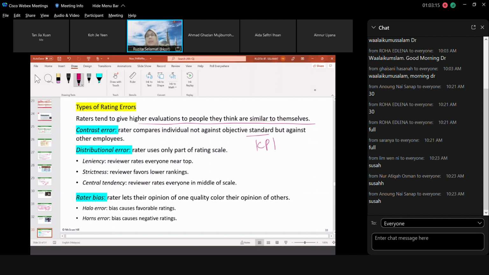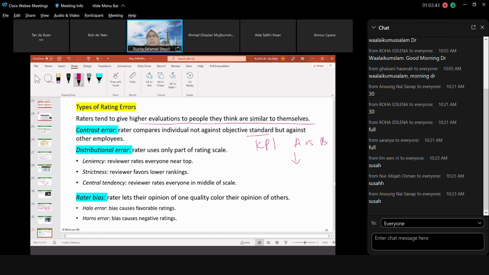So tak sepatutnya. Let's say kita compare pekerja A dengan pekerja B. A ni lebih rapat dengan kita. Dia ingat birthday kita. Bos datang lambat sikit, nanti dia akan call, bos okay ke tak okay ke. Kalau boss having problem, dia lah the first one yang akan tanya what's the problem.